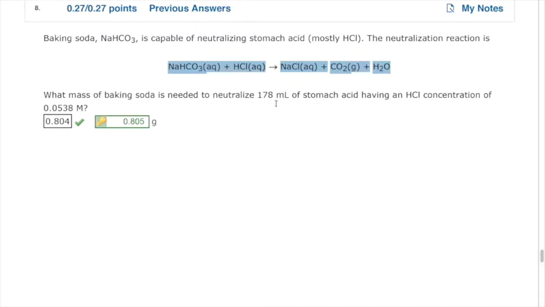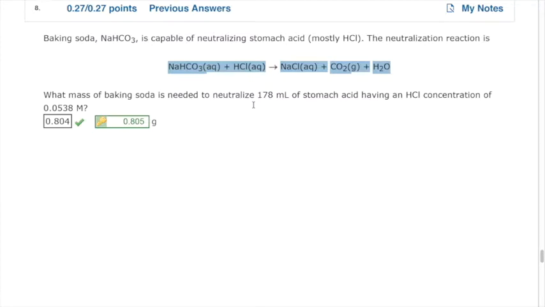And then they're saying, okay, we have 178 mL of stomach acid, and we're told here in the first line, the majority component of stomach acid is hydrochloric acid, but not all of it. So it's important that they're giving us a volume and then telling us the concentration of HCl in that volume is 0.0538 molar.